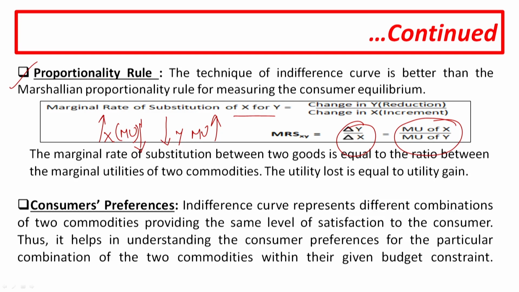So, the marginal utility lost is equal to the utility gain. So, this actually discussed the rule of proportionality in a logical manner.